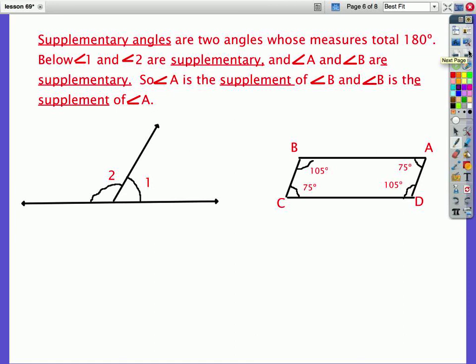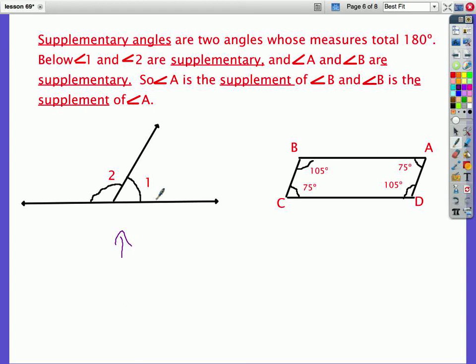Supplementary angles are 2 angles whose measures total 180 degrees. So right here, we have angle 1 and angle 2. They are supplementary because a straight line is 180 degrees, and the two angles form a straight line.